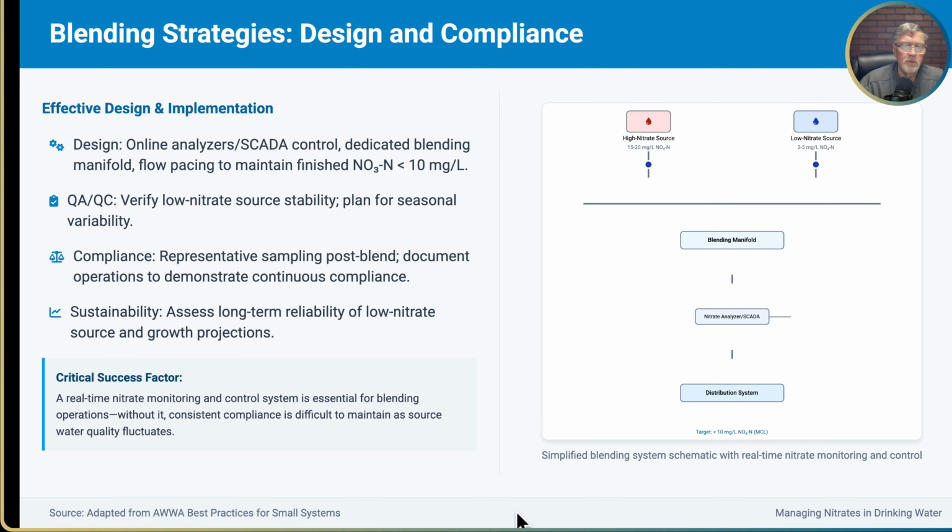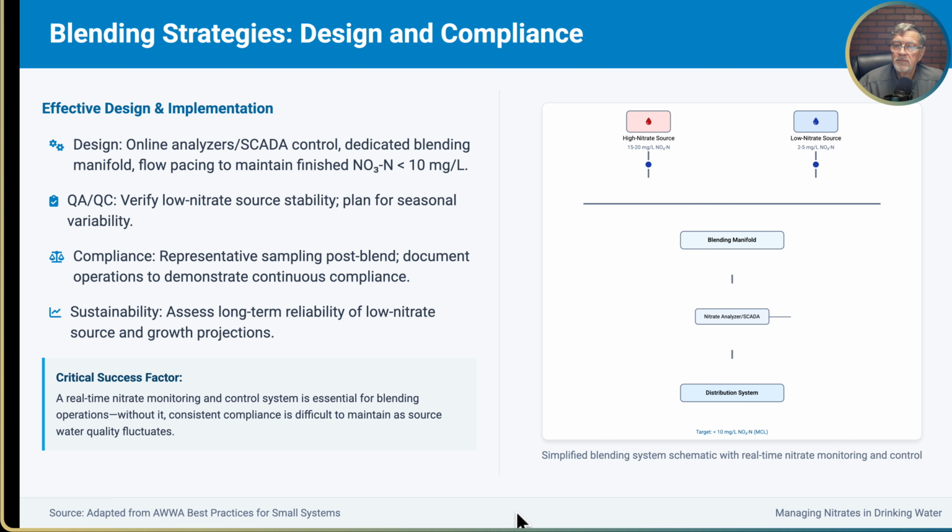So basically, the way it works is you're going to have your high nitrate source and your low nitrate source. Your target is 10 milligrams per liter of nitrate as N. So you're going to do a blending manifold. You're going to have your nitrate analyzer that's going to report in real time through your SCADA system so you can monitor that. The water coming out should be adjusted so you have enough inflow from the low nitrate source that it's going to dilute the high nitrate source to get it down below the 10 milligrams per liter.